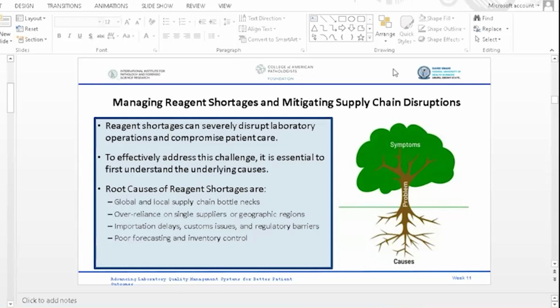Then another root cause could be poor forecasting and inventory control. If this happens within laboratories, it can result in reactive ordering, leading to either overstocking and wastage or delayed replenishment, which will eventually culminate in service interruptions.